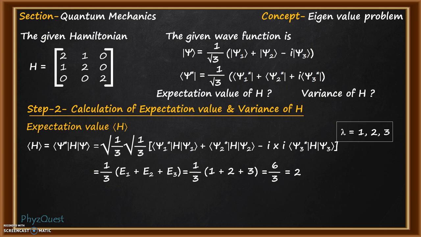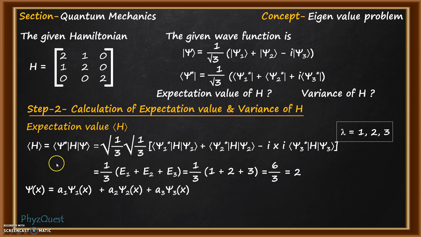Here we can also use a direct method, which I'll mention now. Suppose the wave function psi has a general form a1 psi 1(x) plus a2 psi 2(x) plus a3 psi 3(x), where psi 1, psi 2, psi 3 are eigenstates and a1, a2, a3 are the associated coefficients.